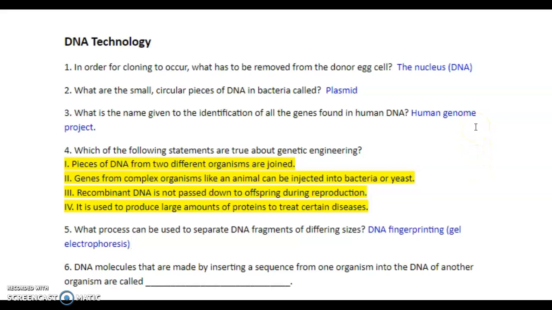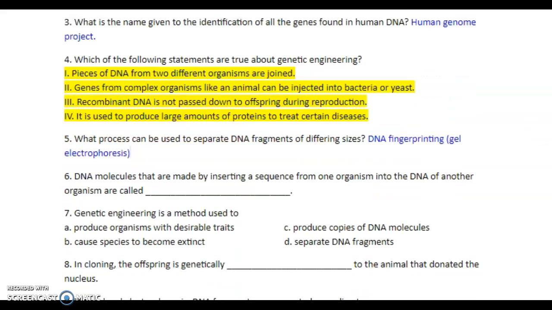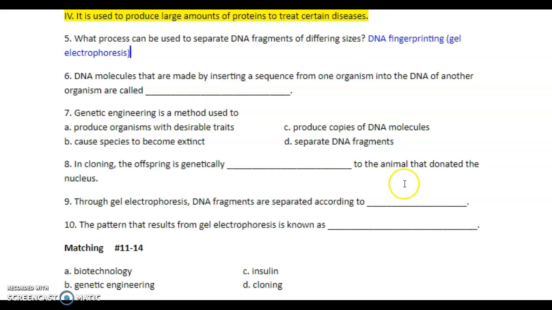Number 6 says DNA molecules that are made by inserting a sequence from one organism into the DNA of another organism. So you're going to take a piece of DNA and put it into another piece of DNA, and that's going to make what's called recombinant DNA. You're going to recombine those 2 DNA particles together.